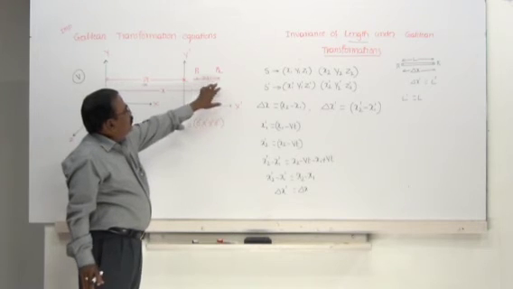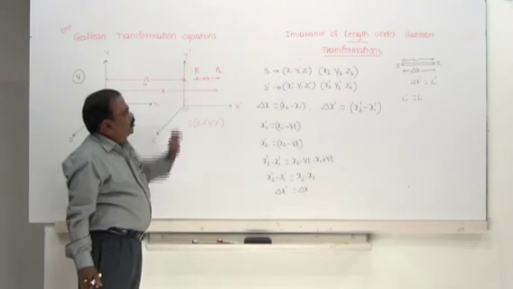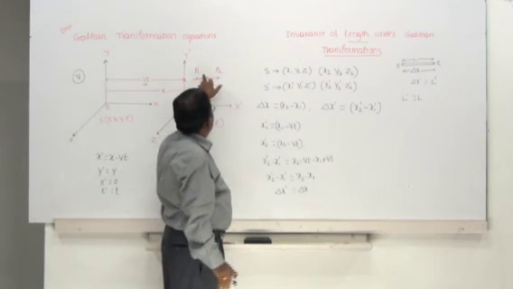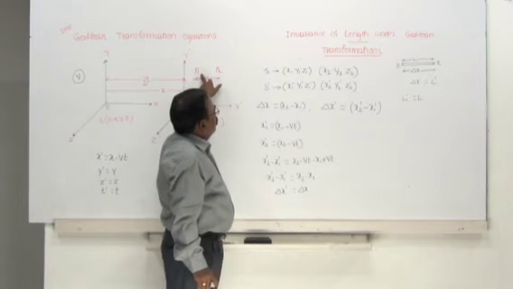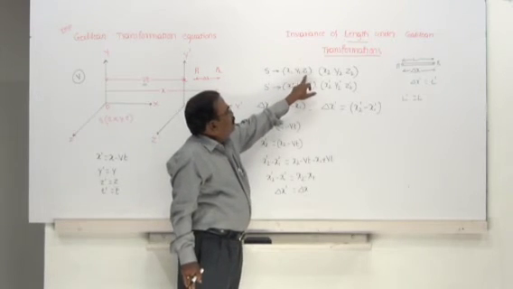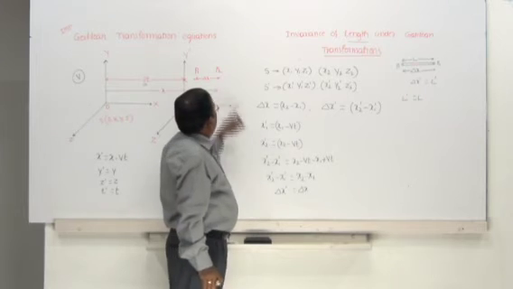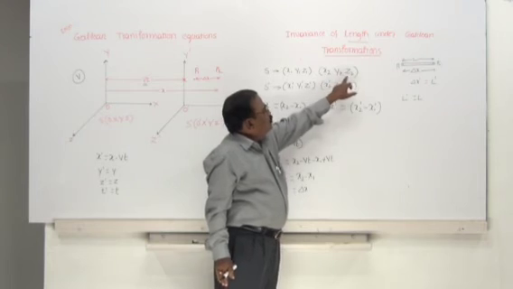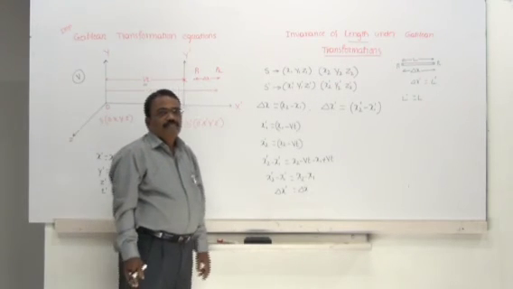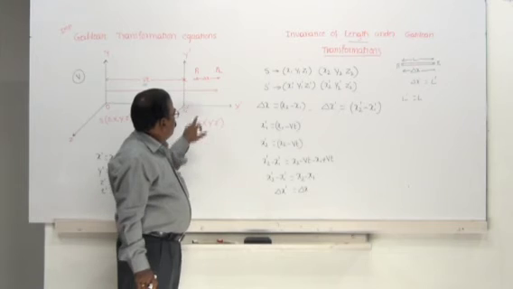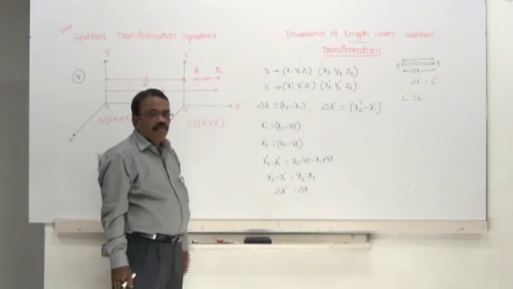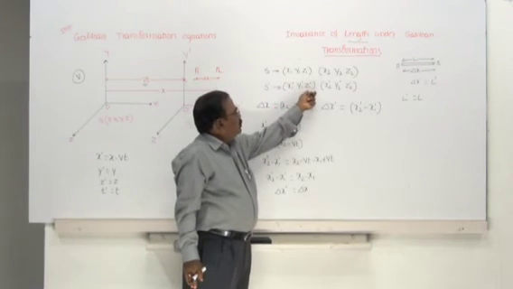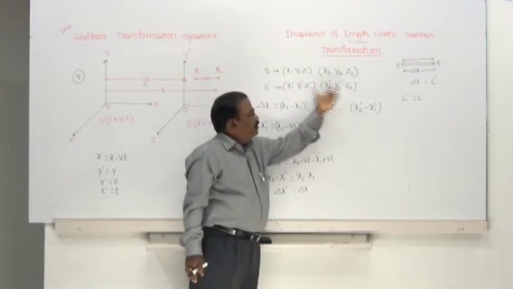For the S frame, at point P1 the coordinates are x1, y1, z1, and for point P2 the coordinates are x2, y2, z2. Similarly for the moving frame of reference S dash, these are x1 dash, y1 dash, z1 dash, and x2 dash, y2 dash, z2 dash.